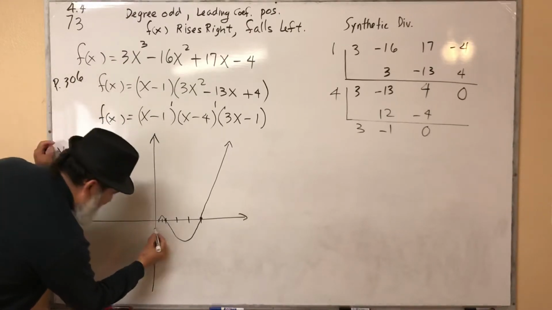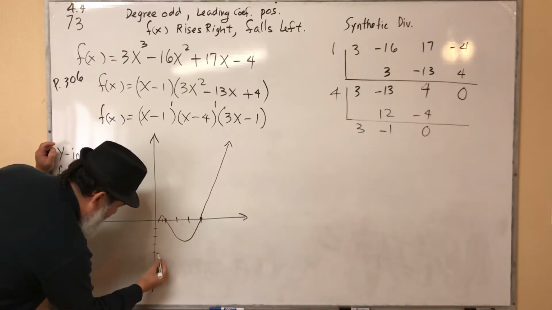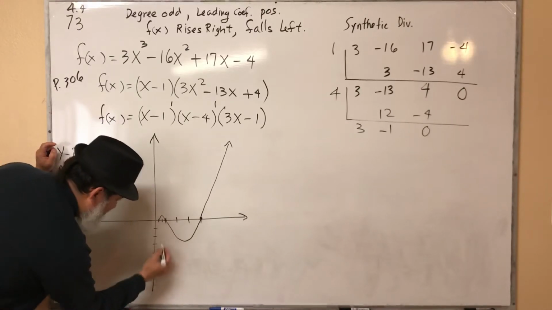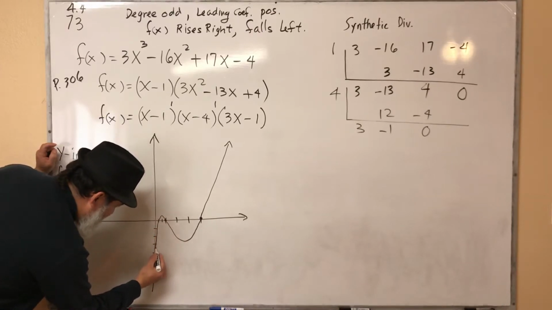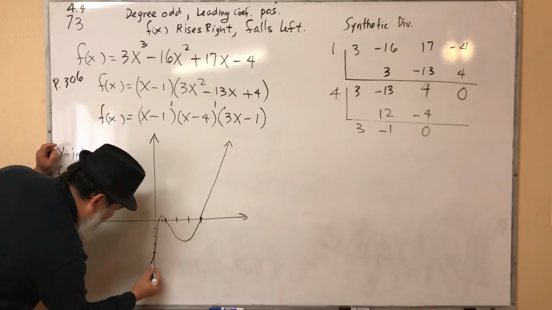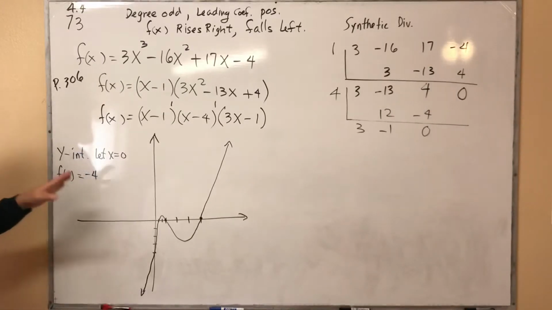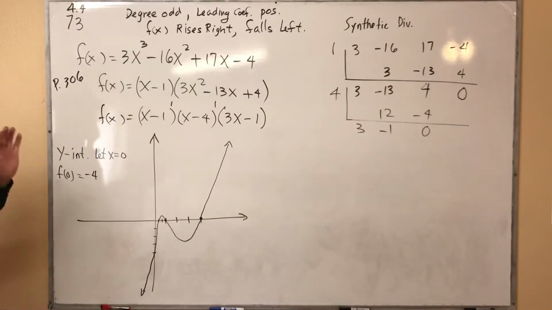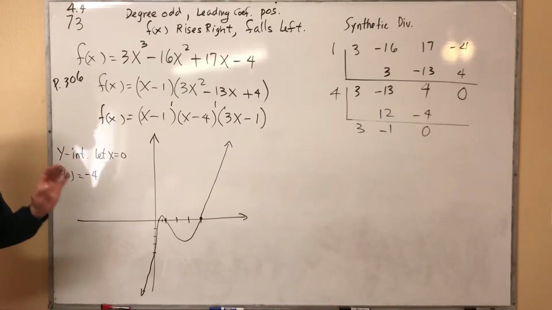So -1, -2, -3, -4, and there you go right there. And so it's going to come down, go down, and pass at -4 and go down that way infinitely. All right, so this completes section 4.4.